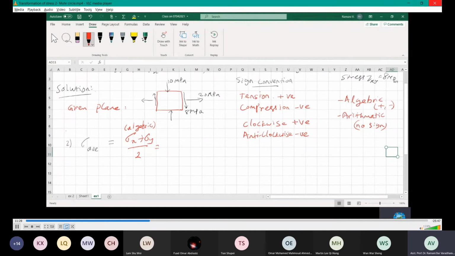Now, sigma x is positive. Tension is positive, going outward is tension positive, so 20 positive. And then sigma y is compression, negative, so minus 10, divided by 2, will be 5 megapascal. Okay, we got one answer.